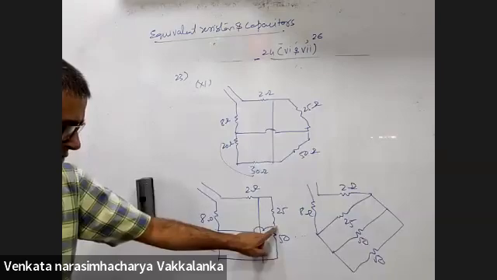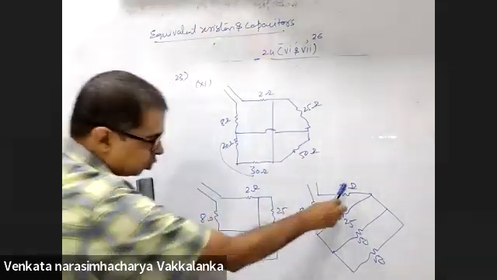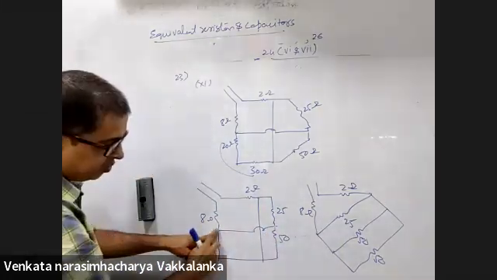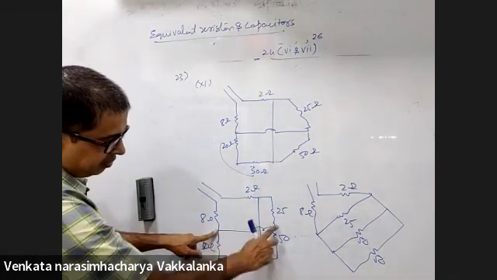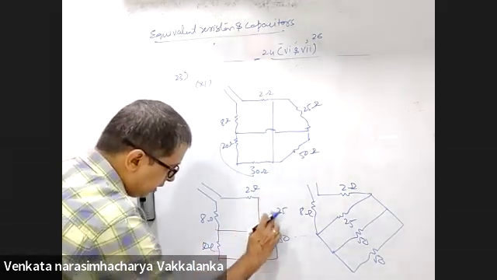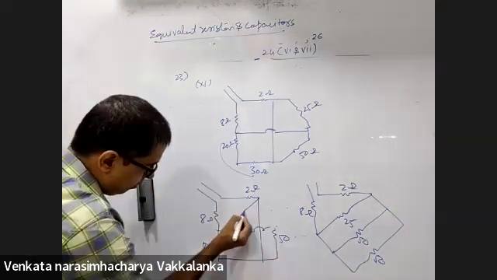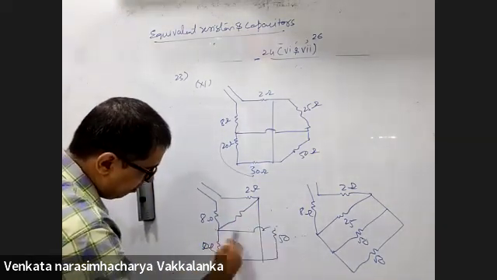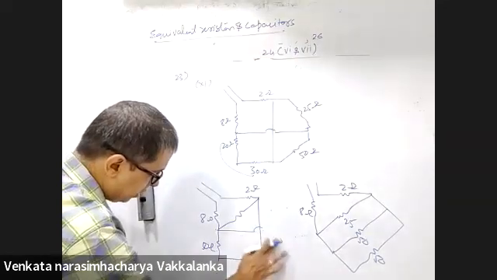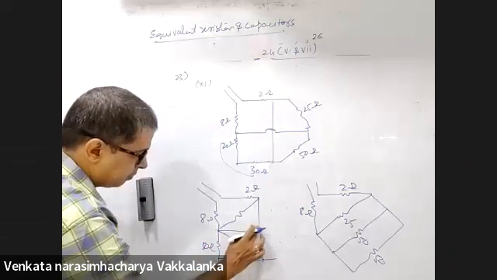See, 25, this end, you're placing it here. That means the 25 will come parallel to both of them. Do you agree with that? Yes, sir. Just imagine, I'm moving that 25 and placing it here, and the 50 also I'm placing it here.